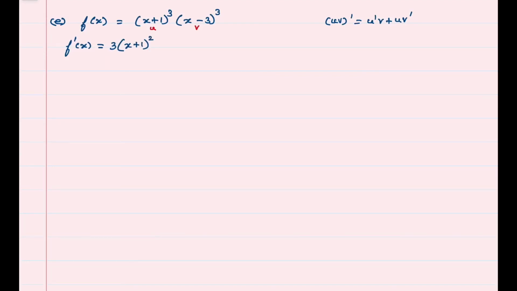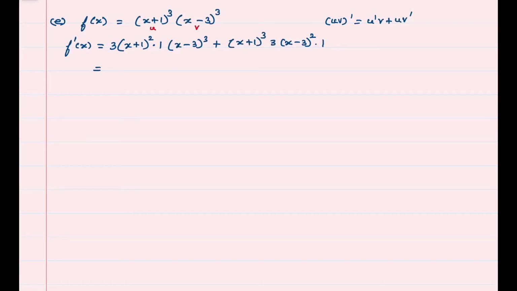Power has to be differentiated first and then the base. Differentiation of the base is 1, times v, plus u, that is the first term, times v dash: 3 times (x minus 3) the whole square, into derivative of the base, which is 1.